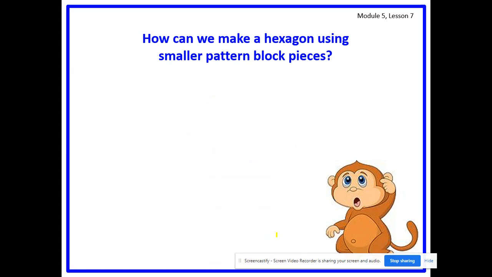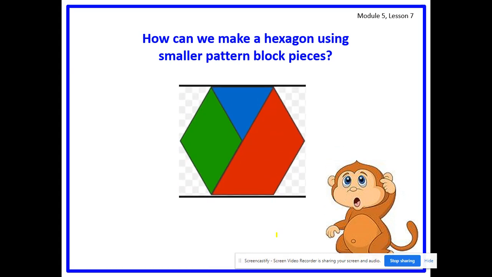And last shape that I made was another hexagon, but this time I used a triangle, a rhombus, and a trapezoid. So, first question to think about, is this shape made with equal parts? No, right? It is not because they're all different shapes and sizes. So those are not equal parts.